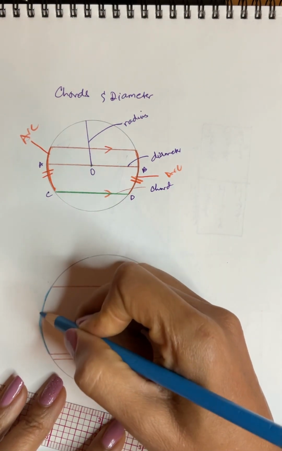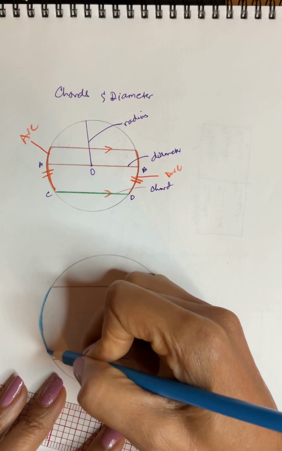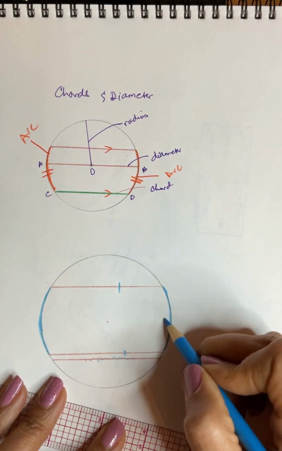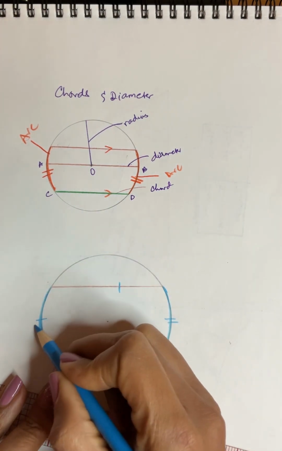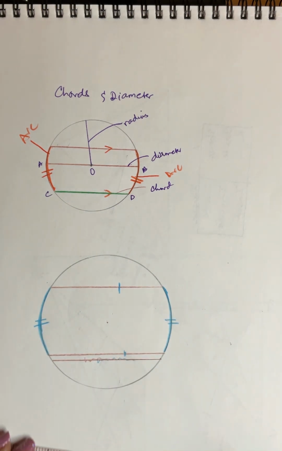So congruent chords have congruent arcs. I just wanted to talk about that one.